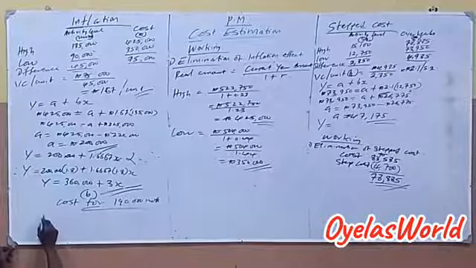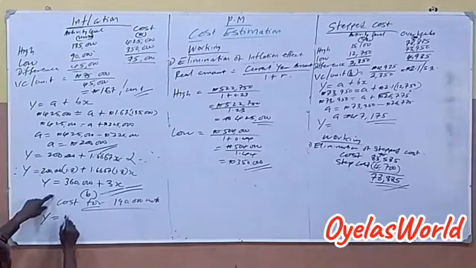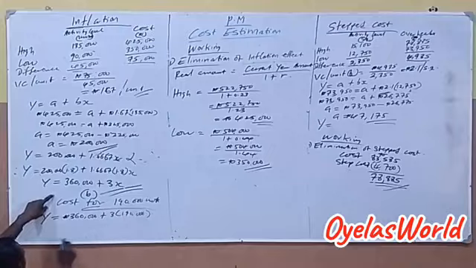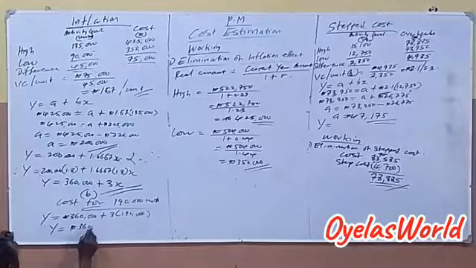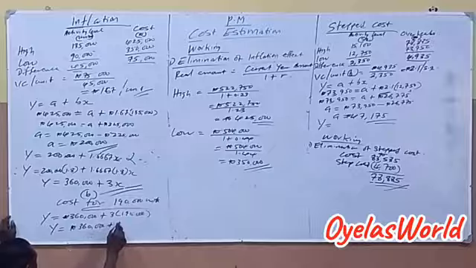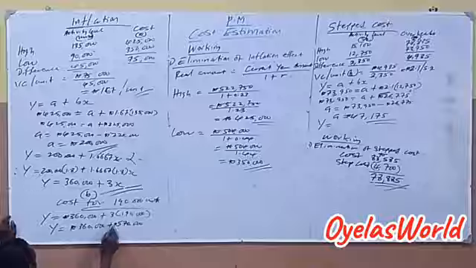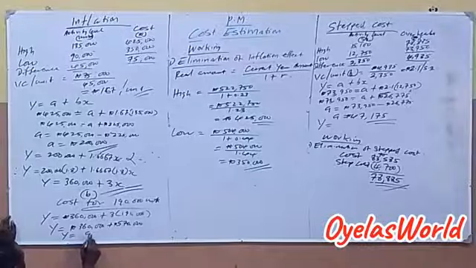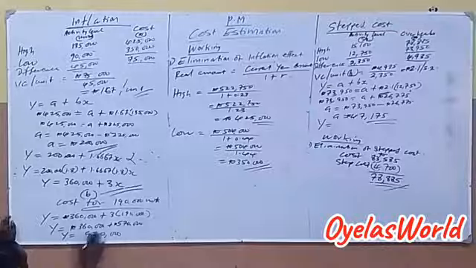So our Y will now equal 360,000 plus 3 bracket 190,000. Our Y will now equal 360 plus 3 times 190, which is 570,000. We are having Y equals 930,000 naira.